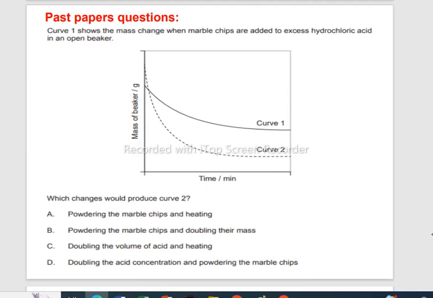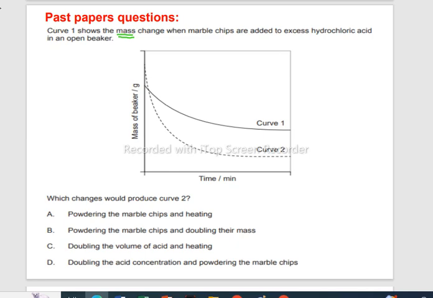Okay, another past paper question. This is an interesting question for one reason, since we have the curve drawn as a property of a reactant per unit of time. So there is a decrease instead of an increase in the curves. Curve 1 shows the mass change when marble chips are added to excess hydrochloric acid.